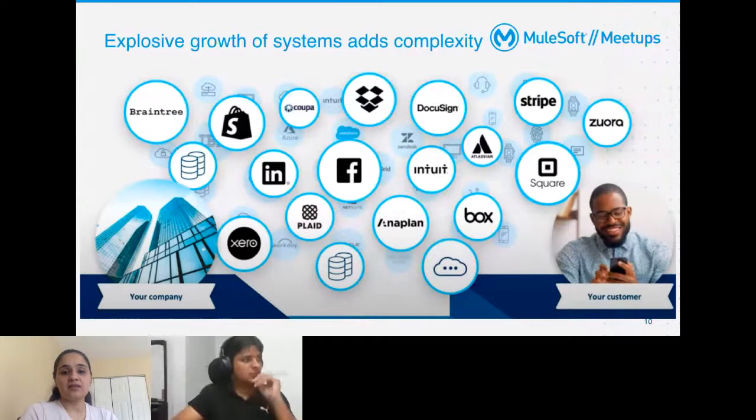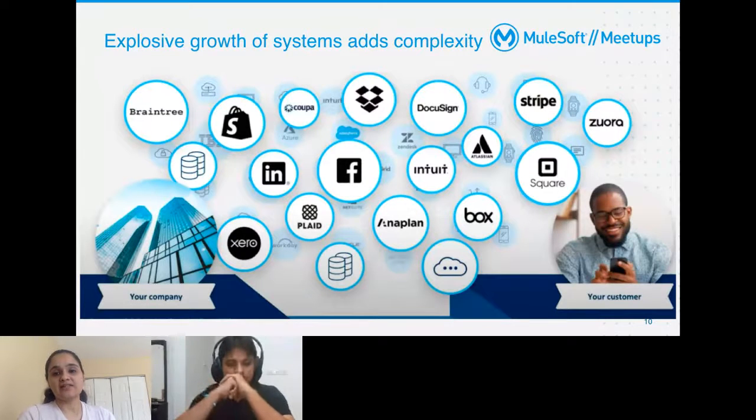If you observe, there is an explosive growth of system adds every year for the organization, and that makes the integrations, the systems, and the maintenance very, very complex, and every year it's increasing.